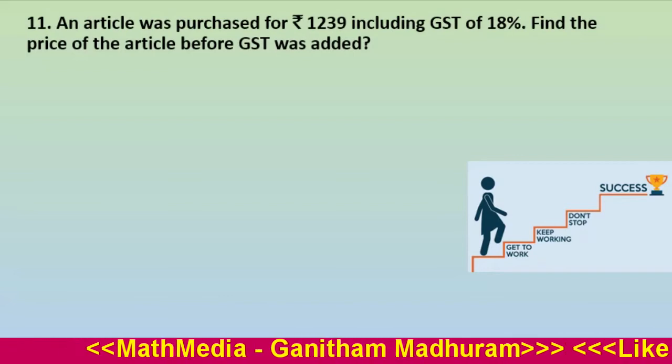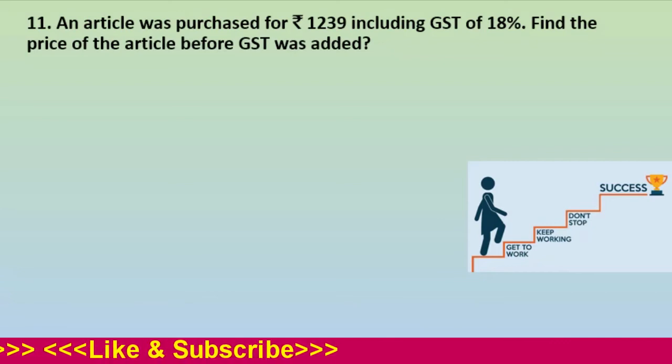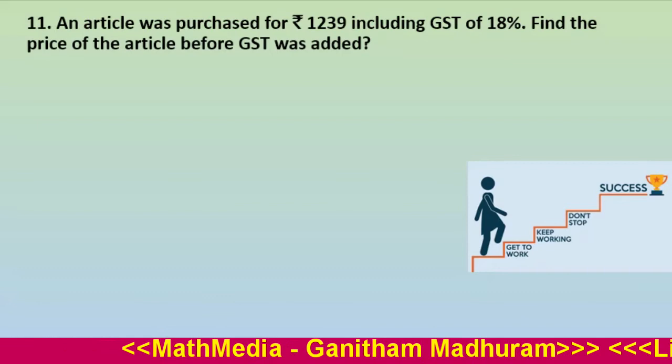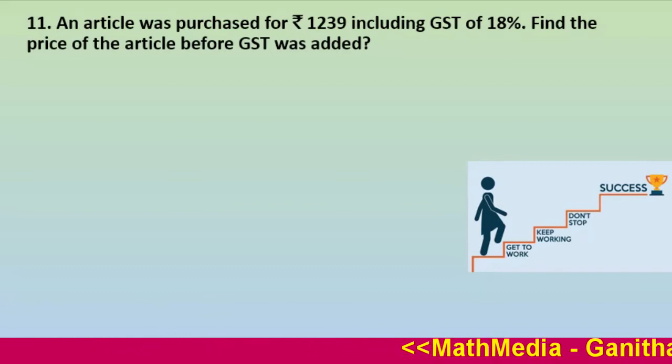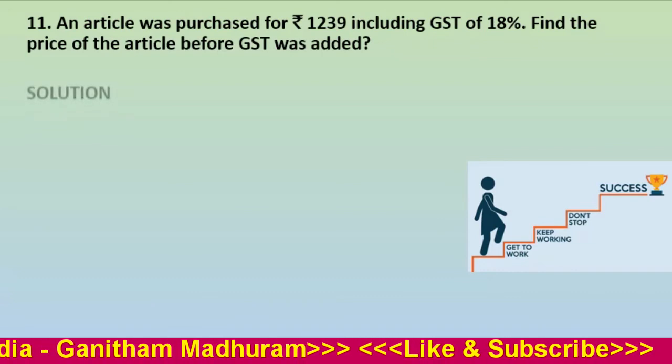Next question. An article was purchased for rupees 1239 including GST of 18%. Find the price of the article before GST was added. Is it clear? So the original price of the article we have to find out.